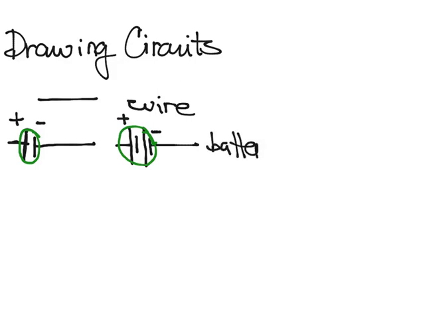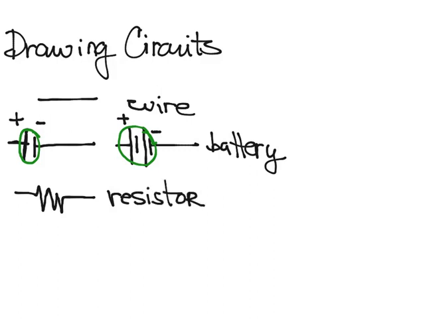To represent any kind of object inside of your circuit that is a resistor, so a light bulb, or a toaster oven, or a hairdryer, or anything like that, we represent it like this.